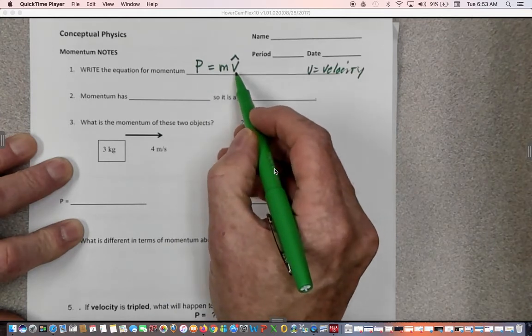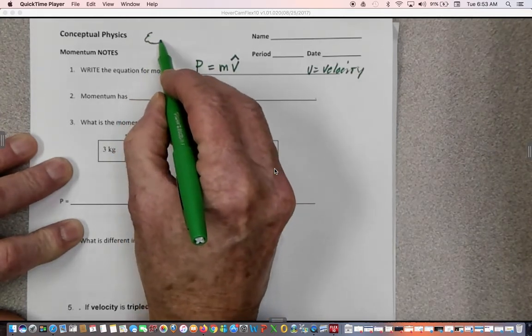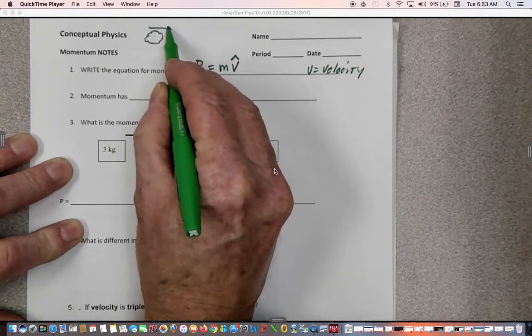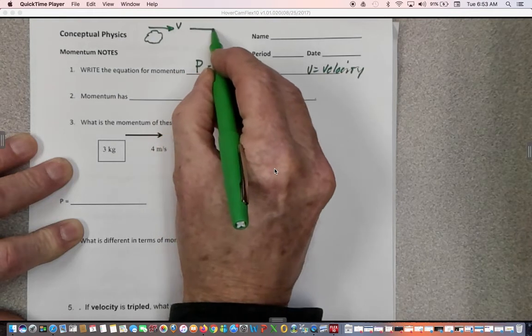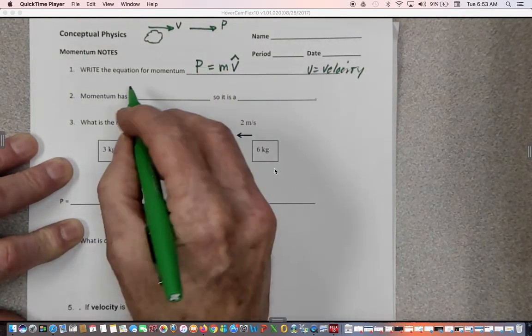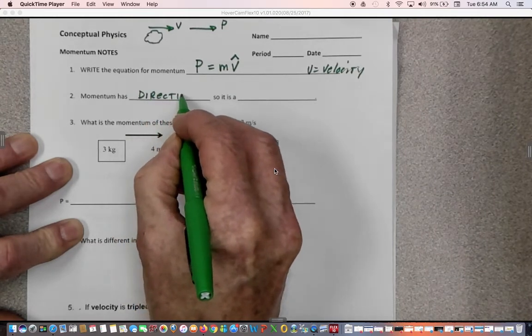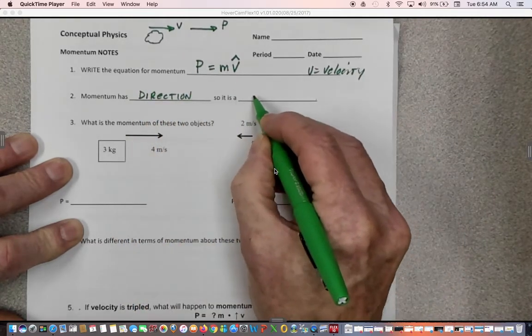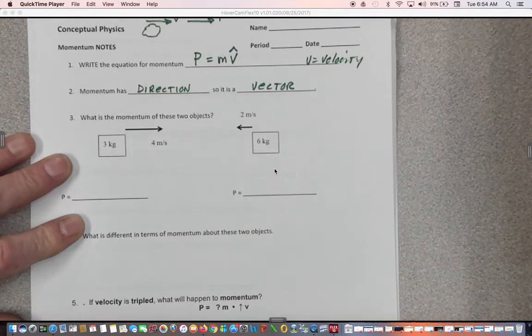Since velocity has direction, if an object is moving in this direction with a velocity, the momentum has to be in the same direction. So momentum has direction, so it is a vector. That's highly important, you remember that.